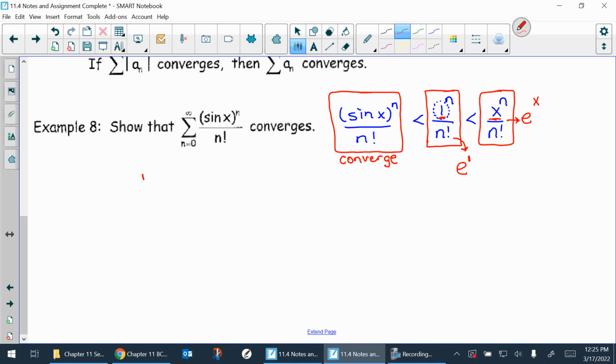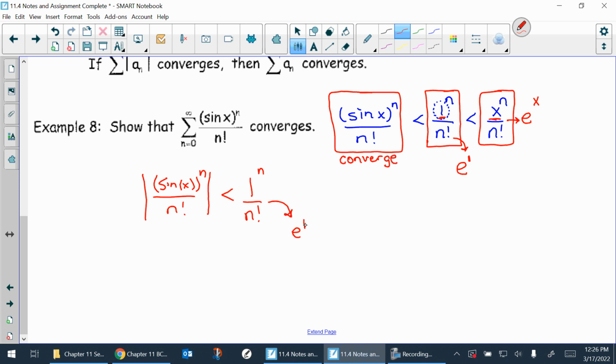So now I'm going to take a look at these terms. Sine of x to the n over n factorial. If I take the absolute value of all these terms, isn't it still smaller than 1 to the n over n factorial? Which I know converges to e to the 1.